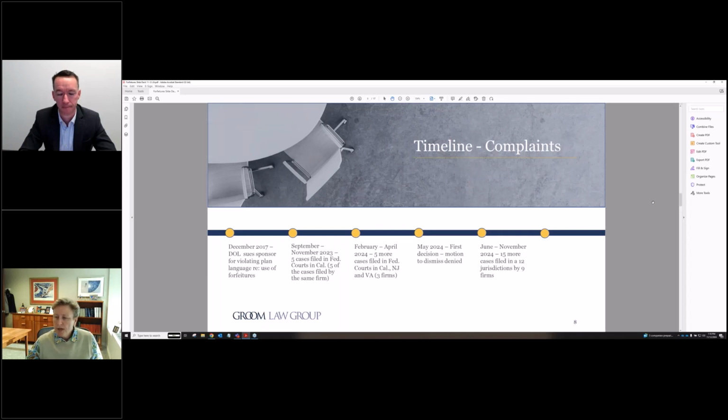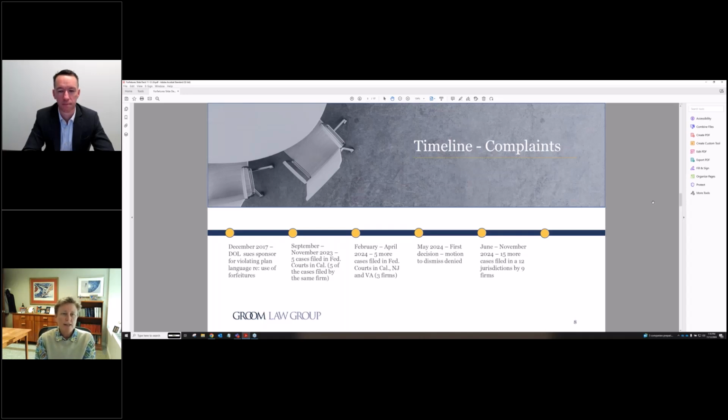Right. So the rule is that you can bring the case where the defendant is located, where the plaintiffs are located, and most of these companies that are being sued are very large, have presence everywhere. And there is some degree of forum shopping.